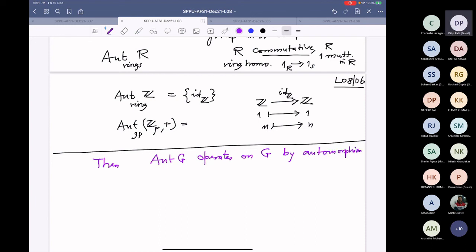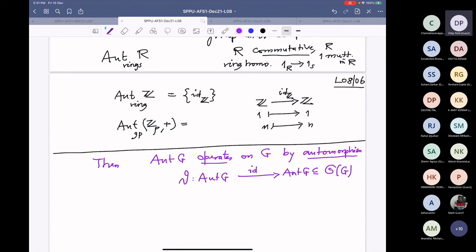To justify this, I should give you a map theta, the action homomorphism. It should be from the automorphism group, because the automorphism group operates. And to where? It operates on G, but it operates by automorphisms, so the image should be inside the automorphisms of G. And what map?